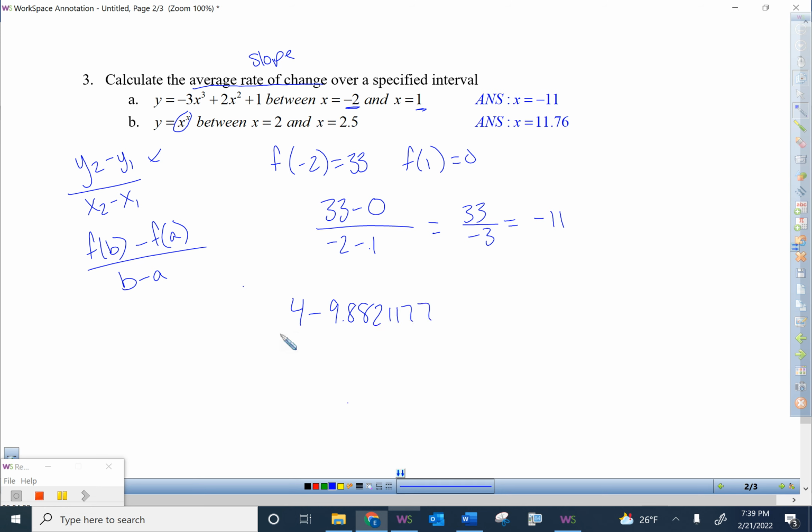And then dividing by 2 minus 2.5, okay, and just going through here, subtracting, all of those things come down, and I'm dividing by a -0.5. Throw this in your calculator again, okay, and then just simplify, and you get your 11.76. That's it.